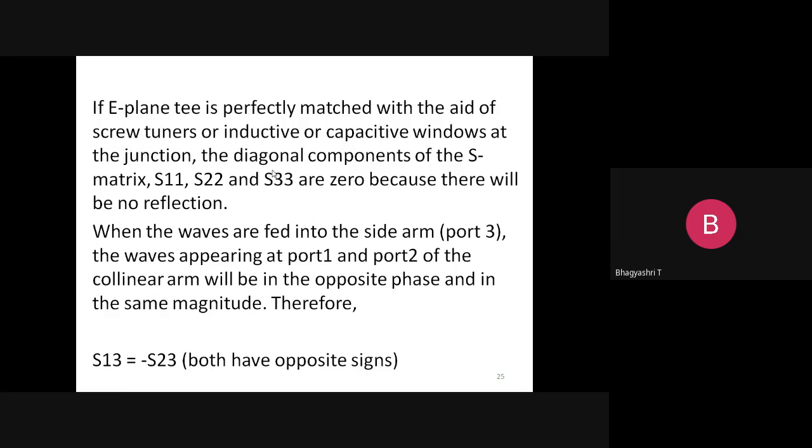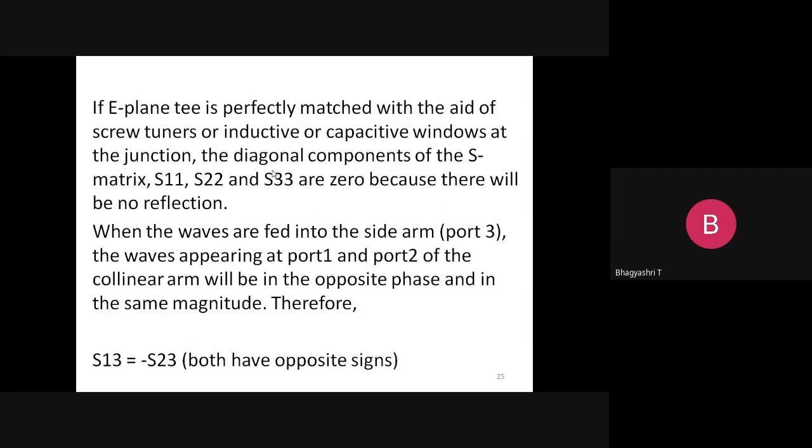Now, when the waves are fed into the side arm, port 3 is the side arm. If I feed the input to port 3, the waves appearing at port 1 and port 2 of the collinear arms will be in opposite phase and of the same magnitude. Therefore, S13 is equal to minus S23. So it has an opposite sign because it is out of phase.